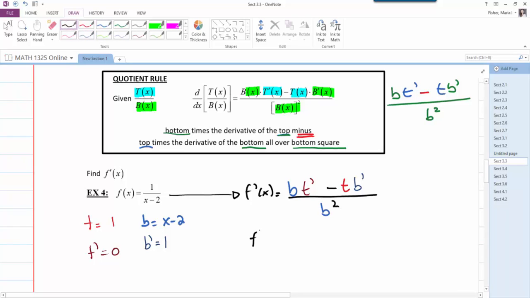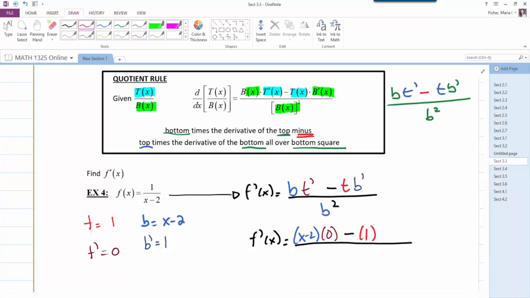So plugging in what we know, we get x minus 2 times 0 minus 1 times 1. That's all over x minus 2 squared.